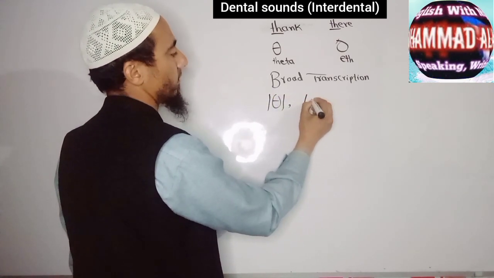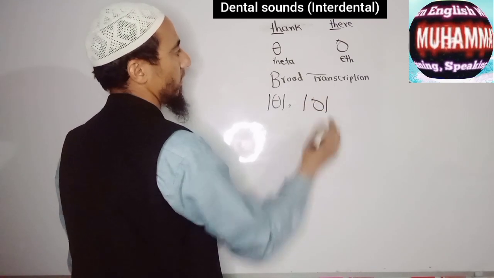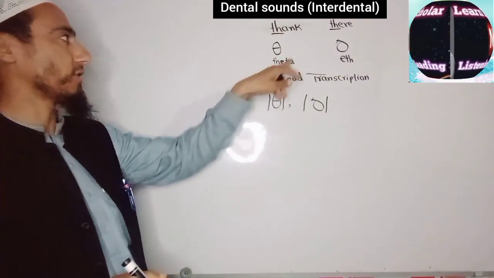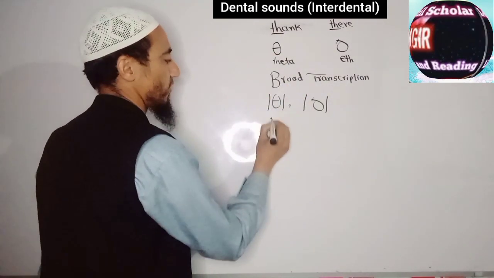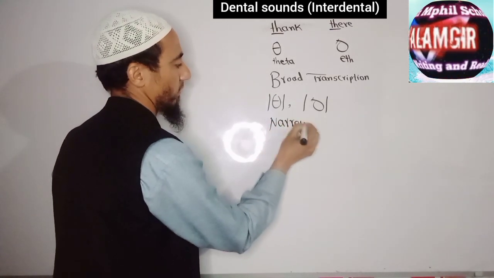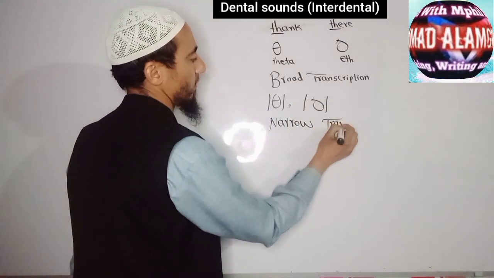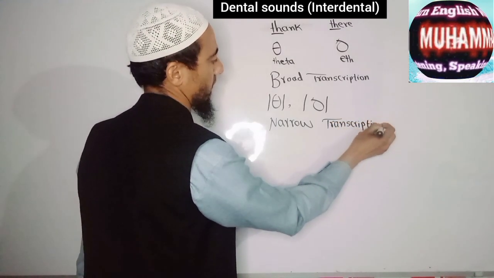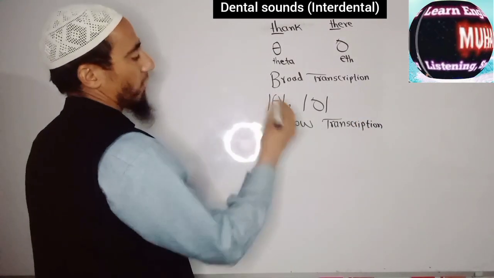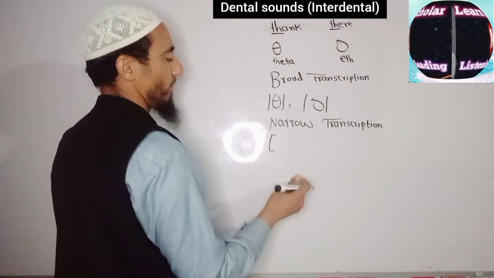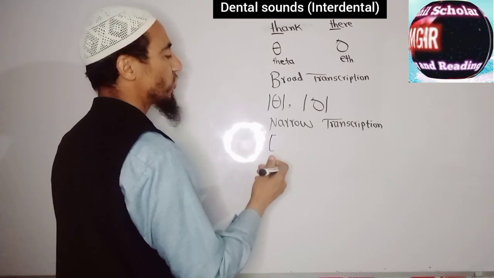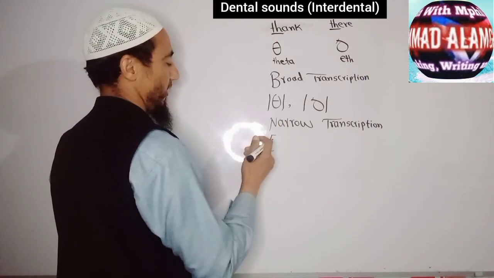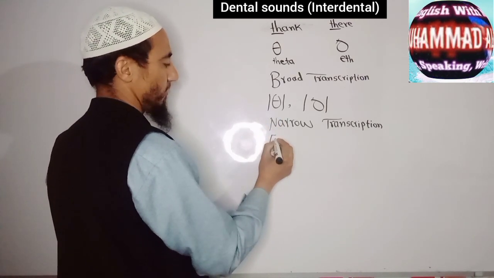First I am writing the tha sound in slashes. Another is the sound. Let me pronounce it now. I am writing now narrow transcription. With narrow transcription we write the symbol of a sound of a language between square brackets, like this one.